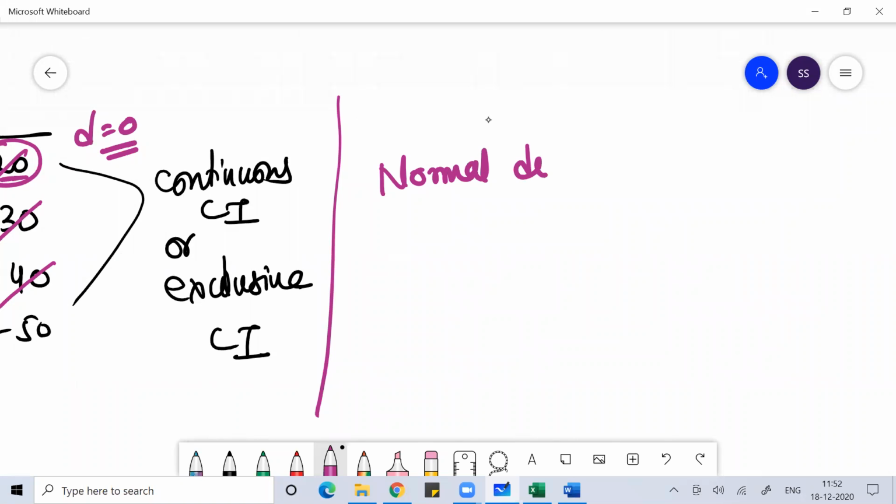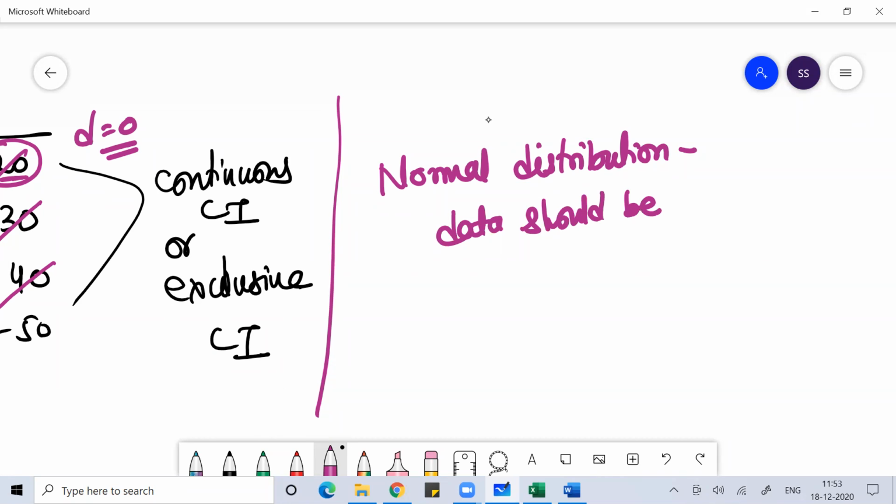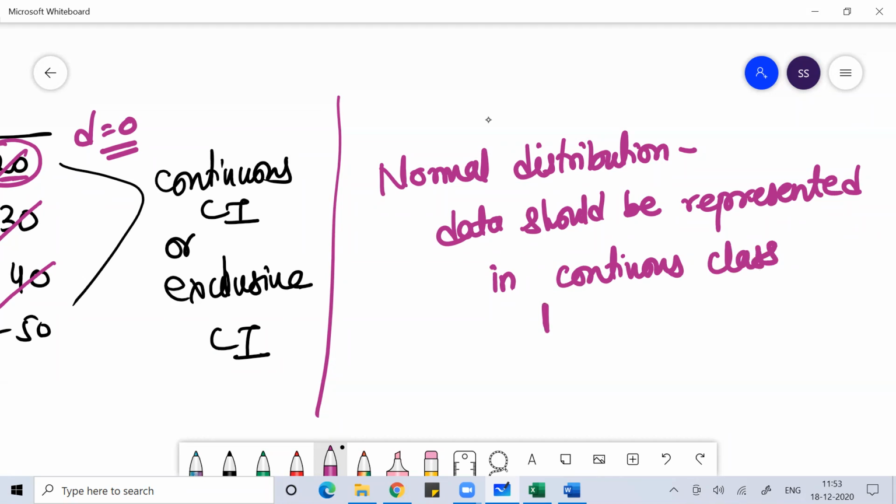In a normal distribution, the data should be represented in a continuous form, in a continuous class interval form. So we are discussing a normal distribution curve where your data should be represented in the continuous class interval form.